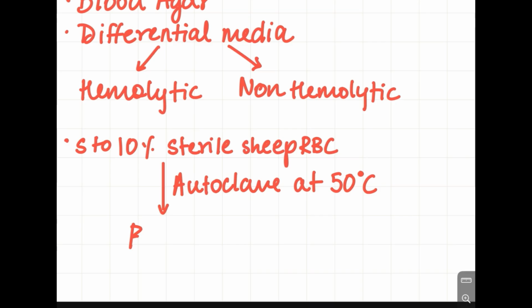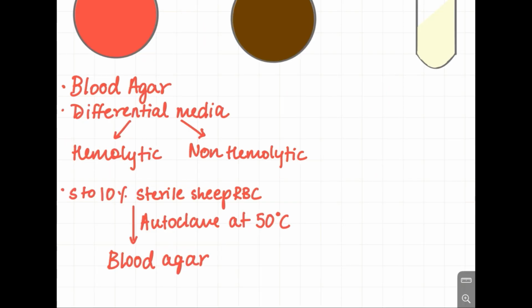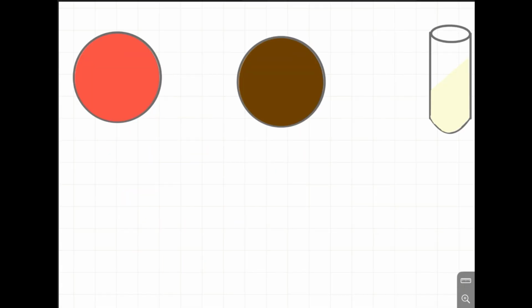Thus, blood agar is formed. Just to be clear, the 5 to 10% sterile sheep RBCs are added to nutrient agar to make it blood agar.